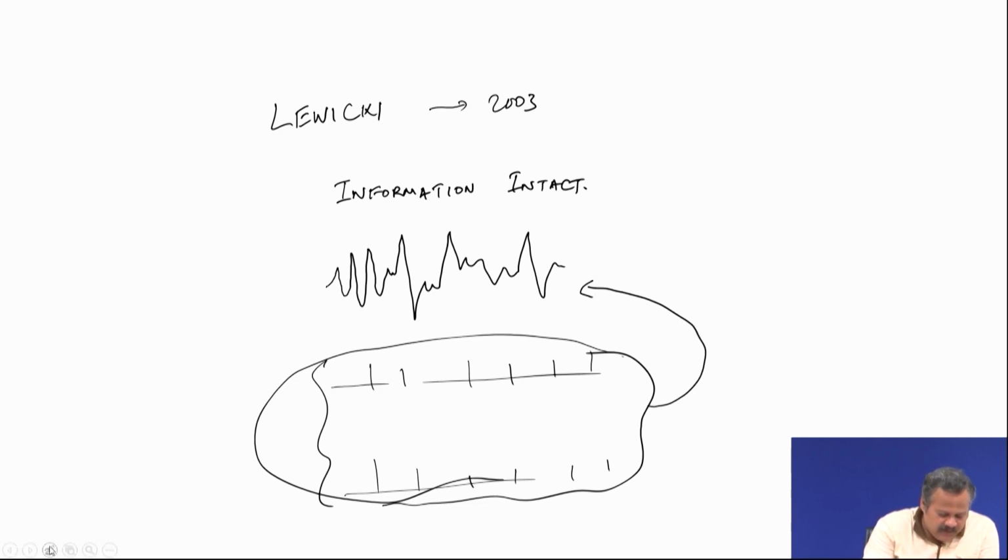Let's say the red is the reconstruction, and we will try to minimize the error, the difference between the red and the black, by the transformation that we use in going from the spike trains to the reconstructed signal.